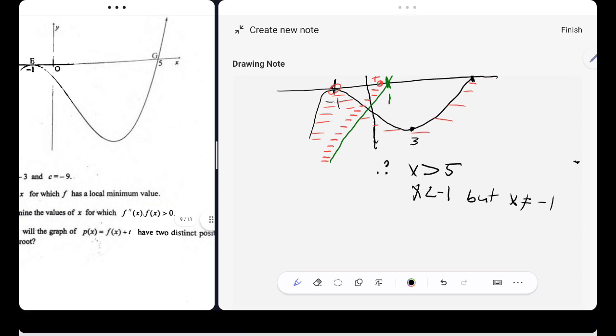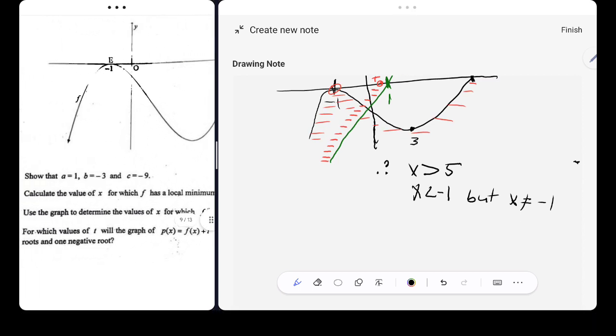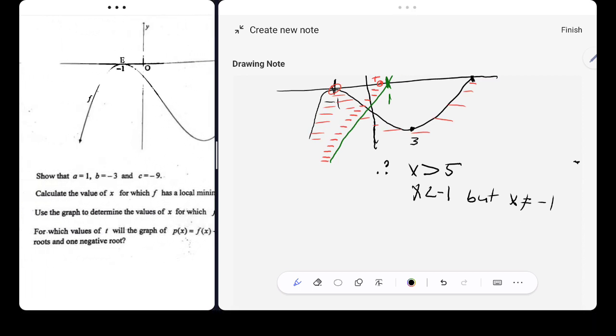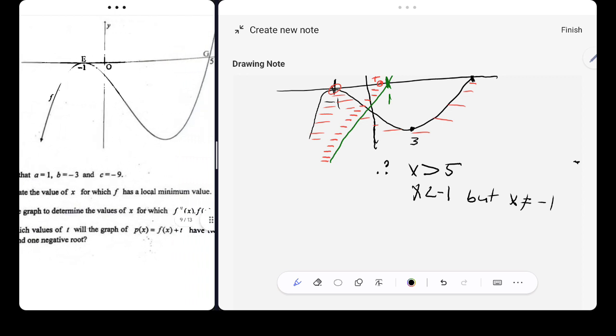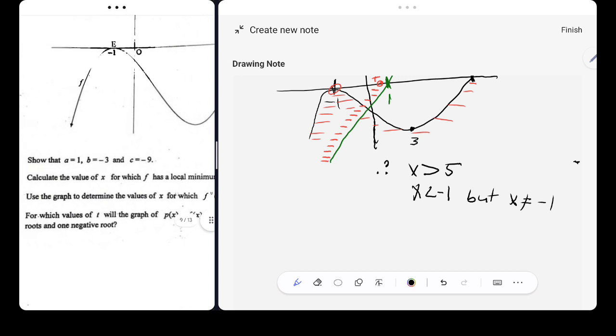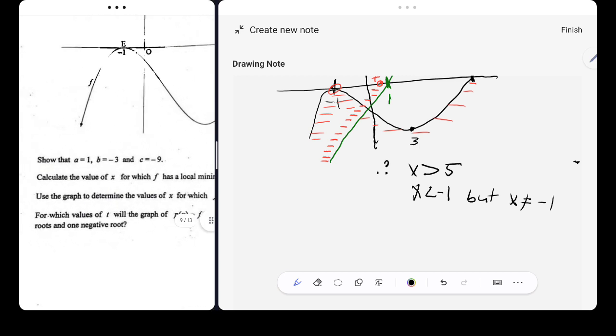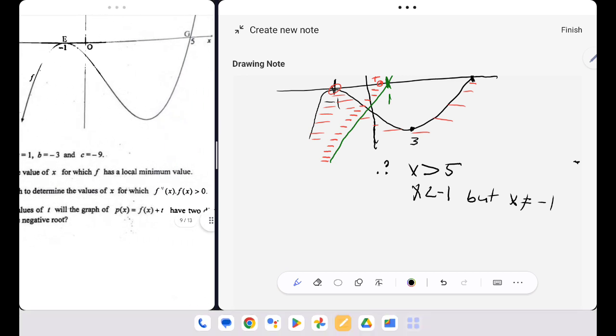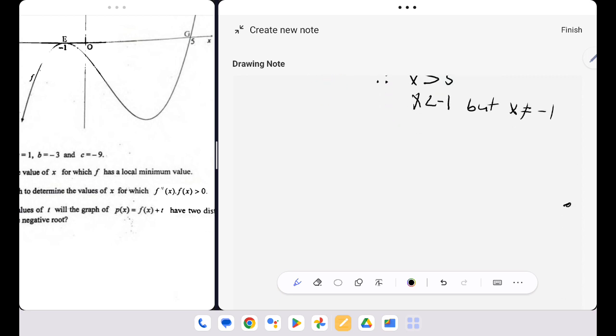Okay, and now they want me to know for which values of t will the graph have 2 distinct positive roots and 1 negative root. Same thing applies here. You're just interpreting.